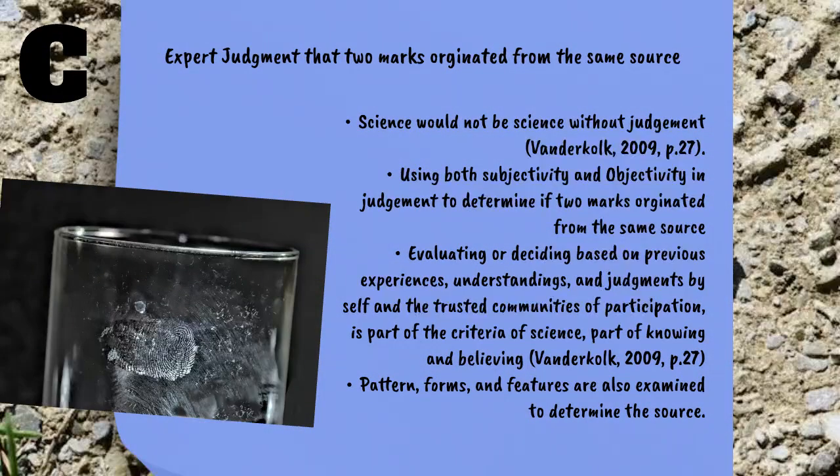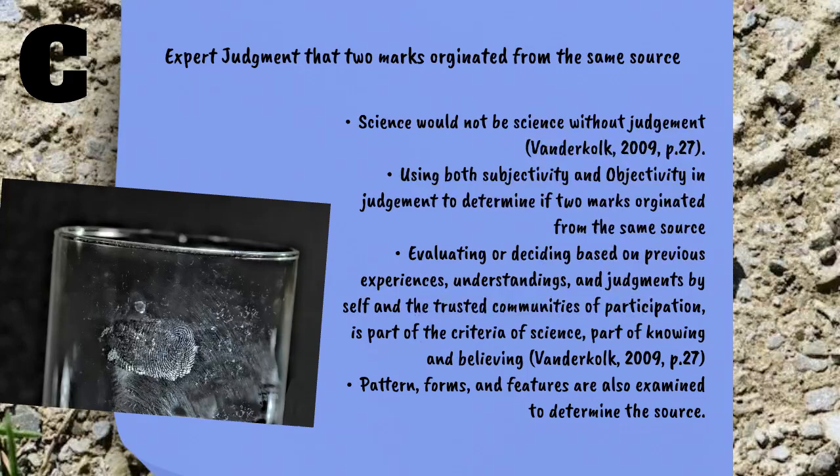As we take a look at expert judgment, how we can determine whether two marks originated from the same source, we can relate this back to subjectivity and objectivity, because that is how we can also determine a source.